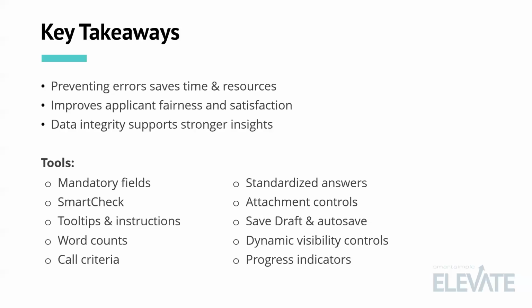And to that, I take it to the takeaway, right? The key takeaways that we see. So to wrap it up, preventing problematic submissions saves you time, improves the fairness, and protects the data quality, right? So you have multiple layers of defense from mandatory fields, the smart checks, the tooltips, standardized answers, and autosave.